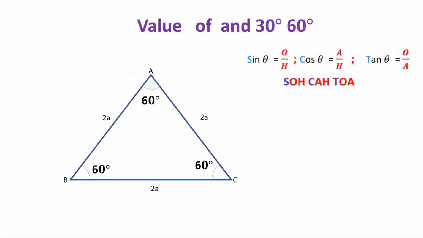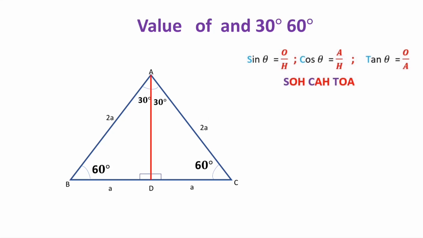The value of 30 degrees and 60 degrees for all trigonometric ratios. Let us draw an equilateral triangle with each angle 60 degrees, and let us consider each side as 2A. Now we will draw a perpendicular from the point A to the midpoint of BC.